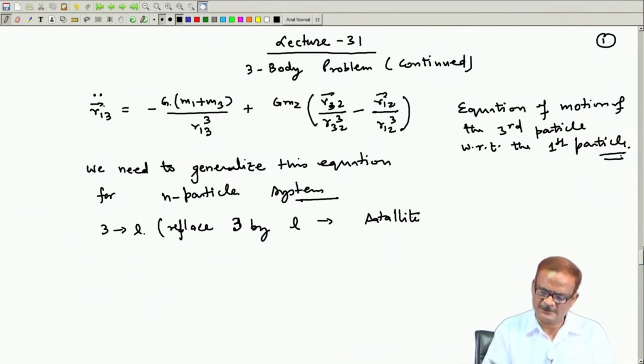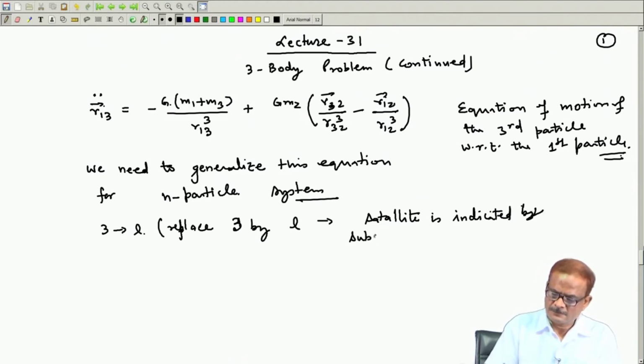I have chosen just L. So, replace 3 by L. So, the satellite is indicated by subscript L.